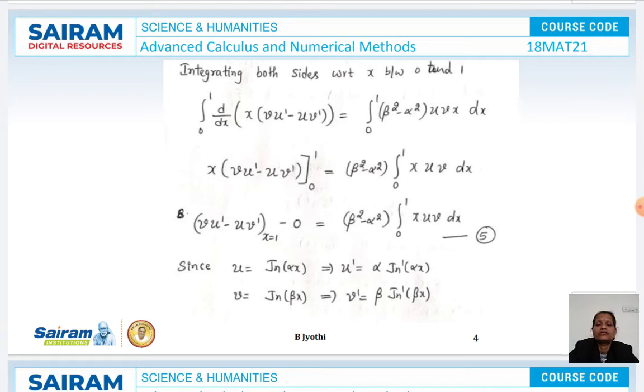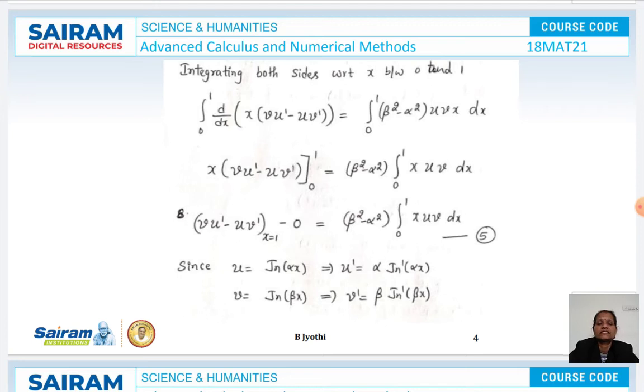On substitution of the limits 1 and 0, the left hand side we get v u dash minus u v dash when we put x is equal to 1, and 0 when we put x is equal to 0. The right hand side will be beta square minus alpha square into integral 0 to 1 x uv dx.